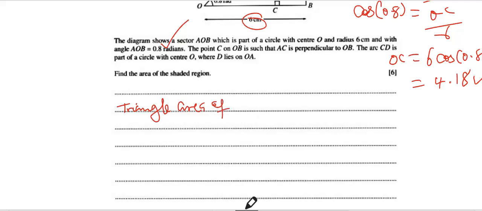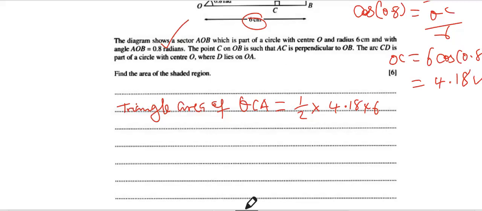So the triangle area of OCA is going to be given by a half, multiplied by what we already got, which is 4.18, and then we have 6, this distance here.